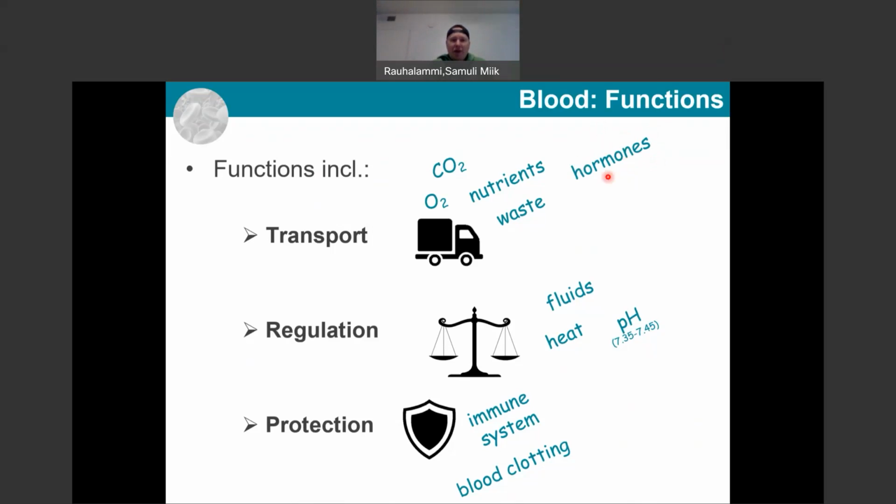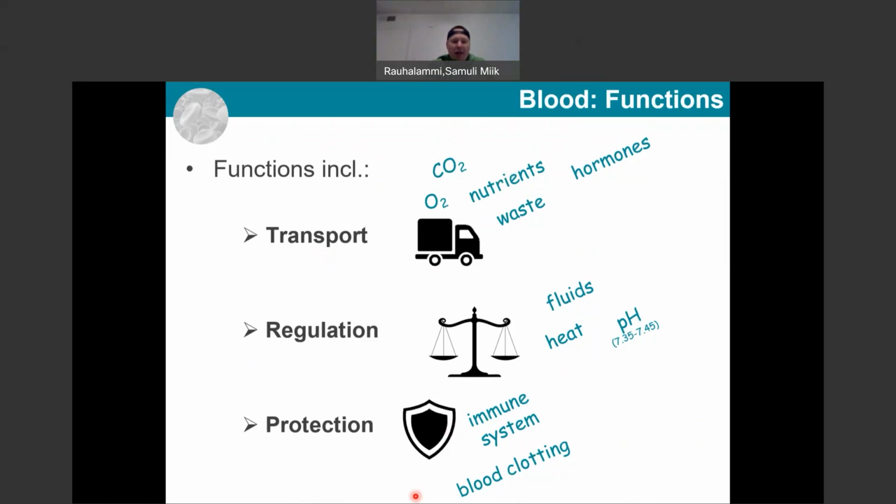So now we're relying on the blood and the cardiovascular system to get those hormones to all parts of the body. Again, remember that blood reaches most cells in the body. So this whole transport element is something that I think a lot of people can easily get their head around.